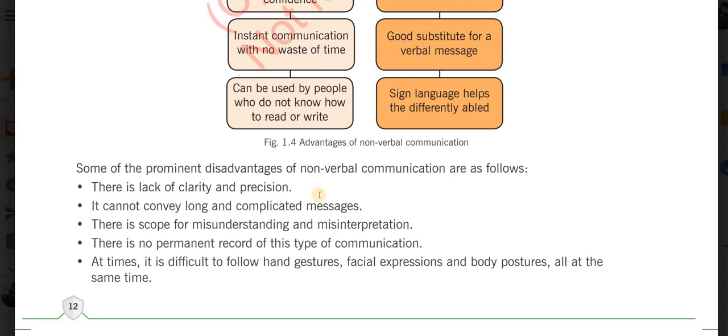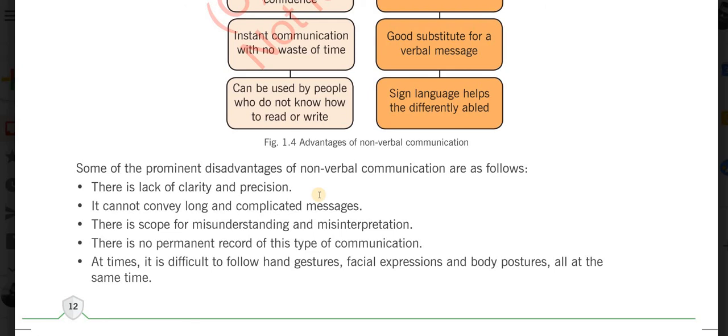At times it becomes very confusing for the other person to know what exactly you are trying to convey. This is one very prominent disadvantage of non-verbal communication.